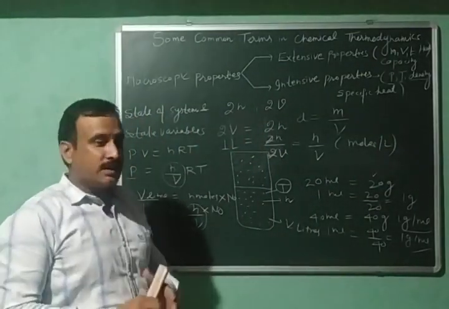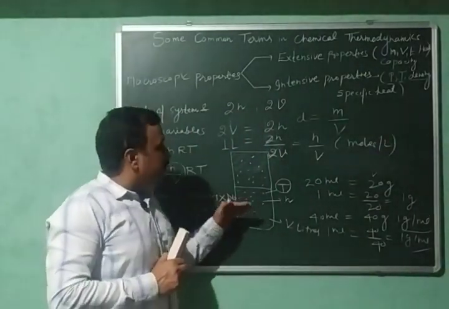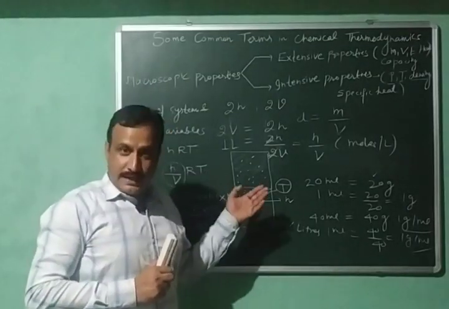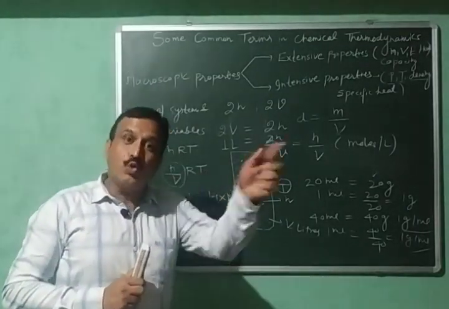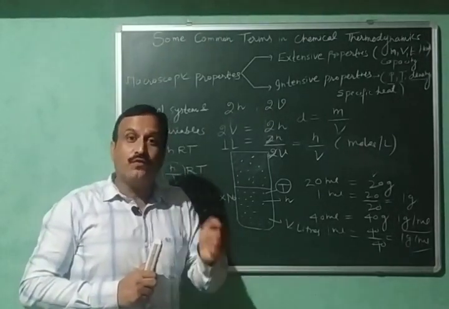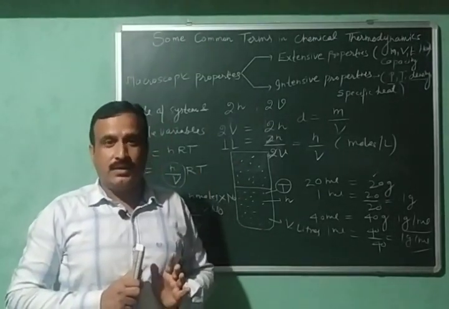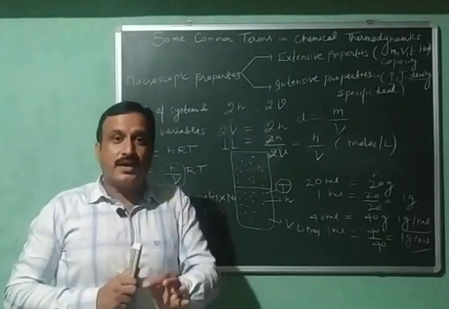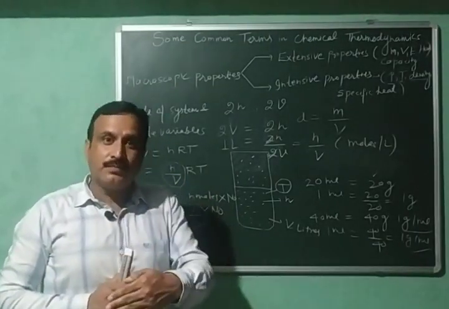What does it mean? It means that as I have increased the amount of gas from n to 2n, the volume has also increased from V to 2V, and the molar density is remaining the same.